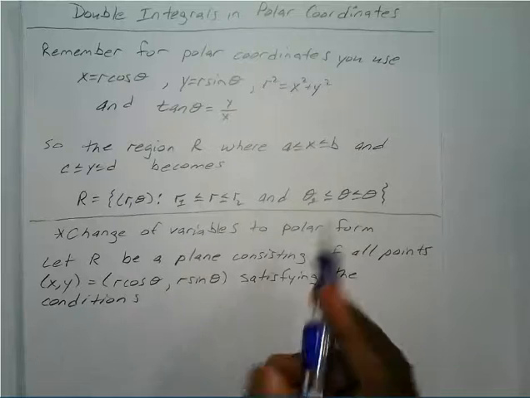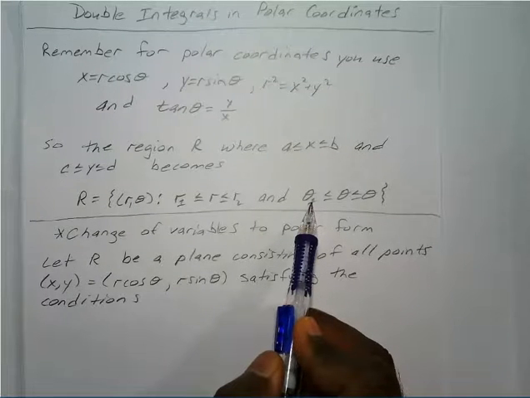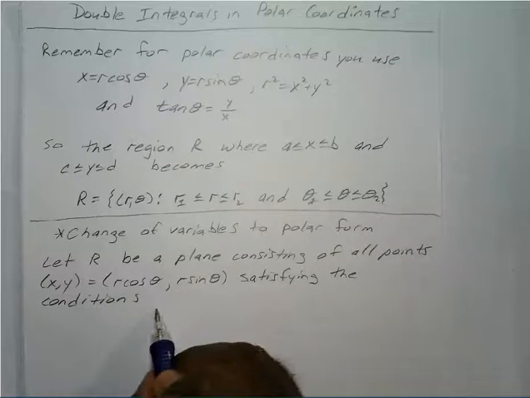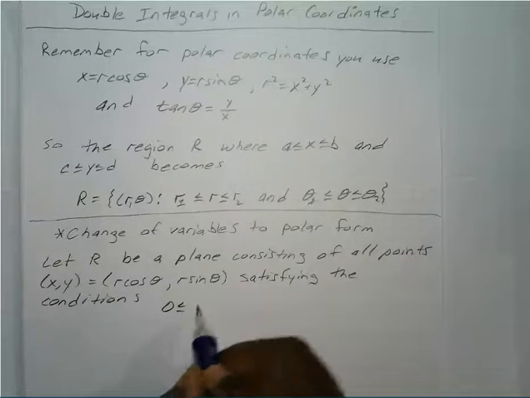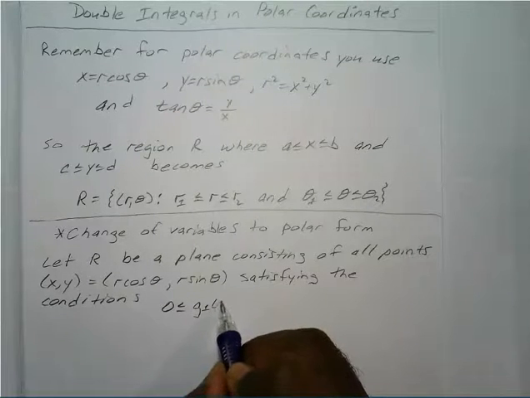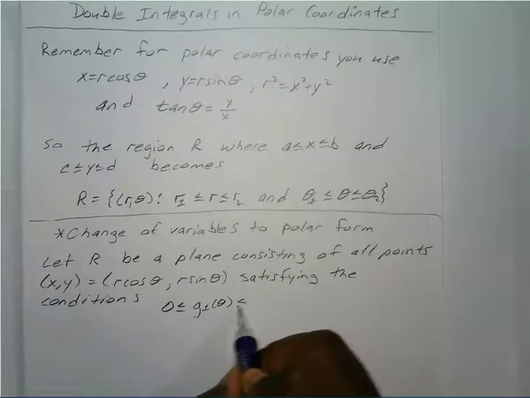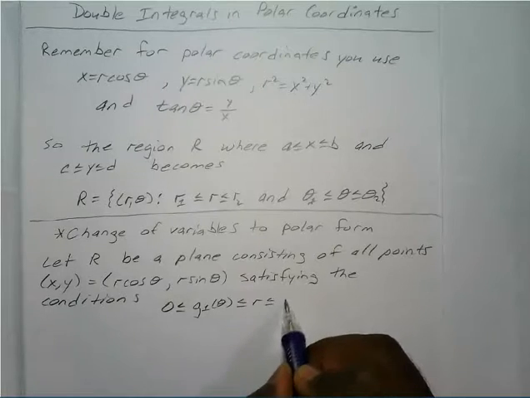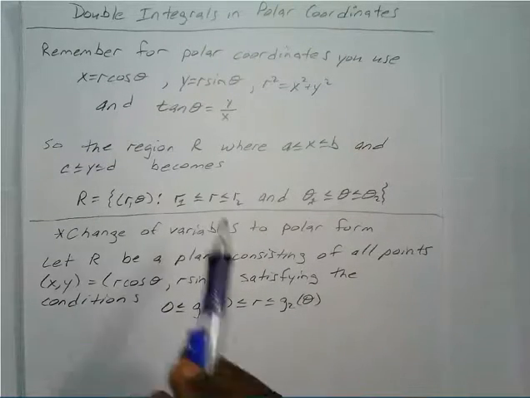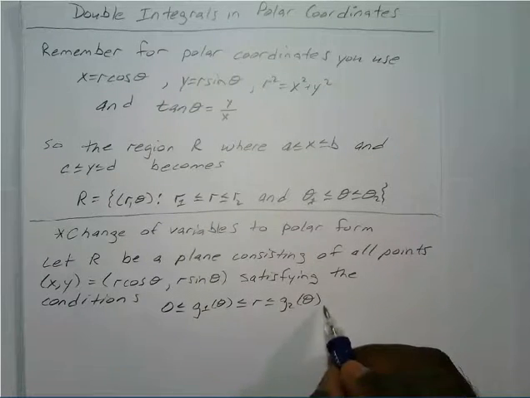where our first theta function is less than our second theta function. So r is between 0 and the first function, and r is between our two theta functions.